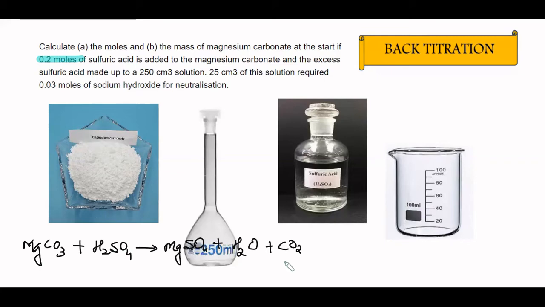Now, the sulfuric acid is taken in excess, meaning even if the magnesium carbonate has completely reacted away, there will be sulfuric acid left over. This excess amount will be titrated with another base. In this question, we will be using sodium hydroxide to estimate the leftover sulfuric acid, the sulfuric acid which has not reacted with magnesium carbonate.